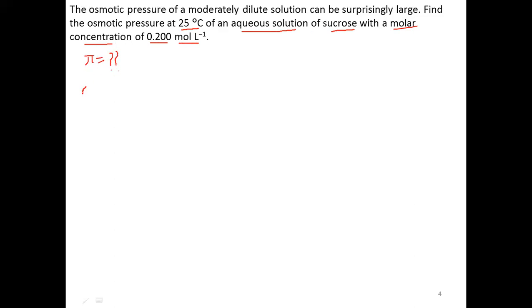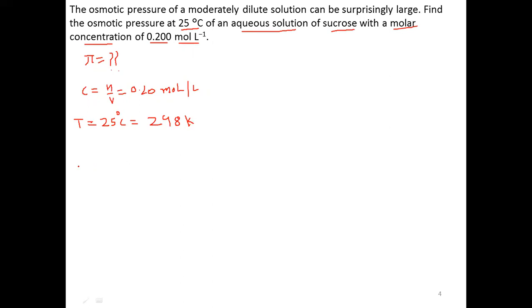What is given? Concentration is given. Concentration is mole per liter, so n upon V is given. It is 0.20 mole per liter. Temperature is given as 25 degrees Celsius, so we have to convert it into Kelvin. We can write it as 298 Kelvin.